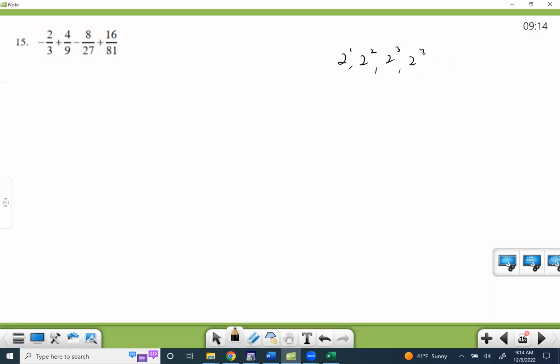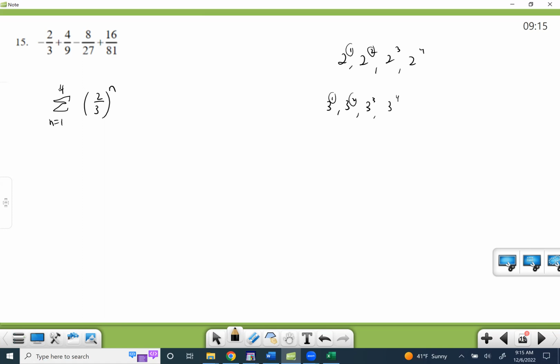The bottom, 3 to the first, 3 to the second, 3 to the third, and 3 to the fourth. Okay. So it looks like they match, huh? So what that means is that we could write it as 2 over 3 to the n, or i, whatever letter you want to use, starting with 1 as the lower limit and ending with 4 as the upper limit.